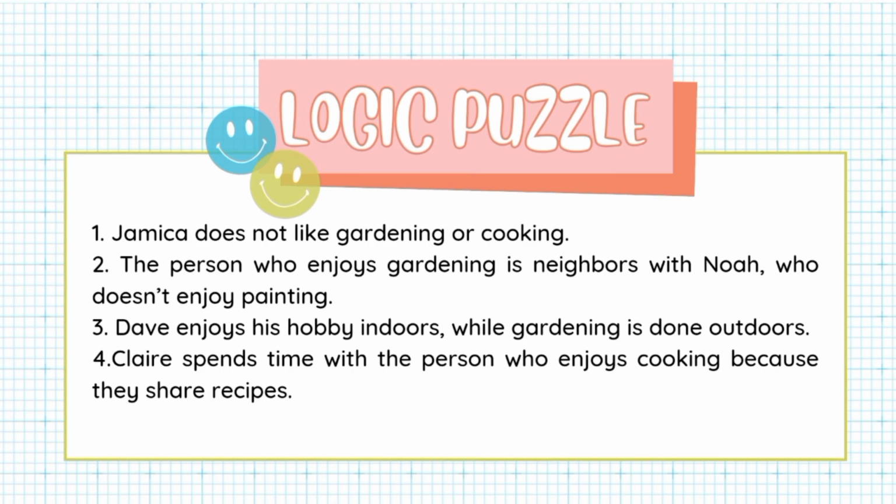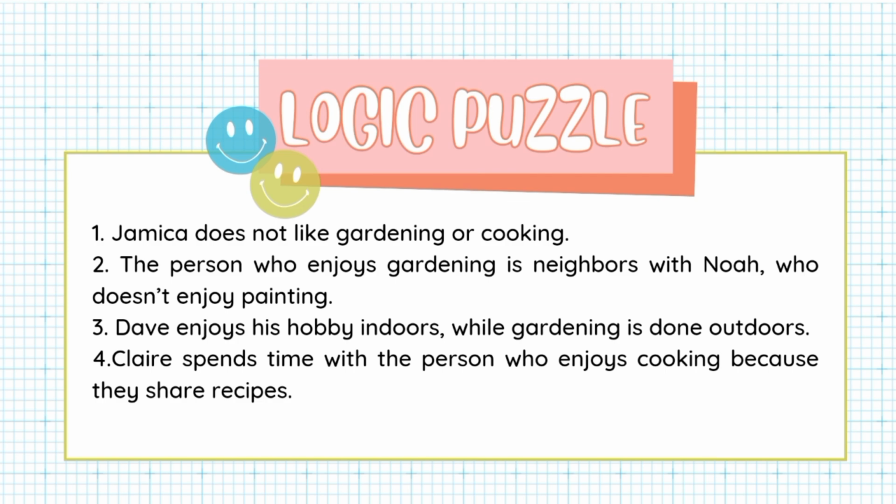The second clue is the person who enjoys gardening is neighbors with Noah, who doesn't enjoy painting. The third clue is Dave enjoys his hobby indoors, while gardening is done outdoors. And our last clue is that Claire spends time with the person who enjoys cooking because they share recipes.